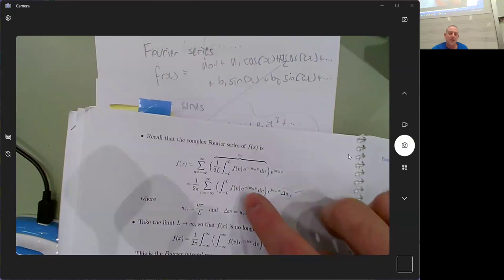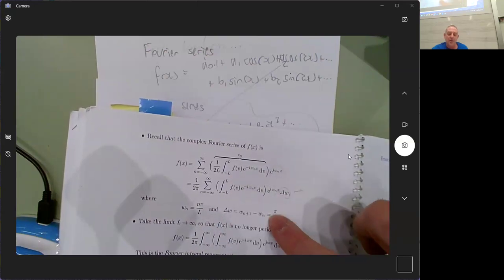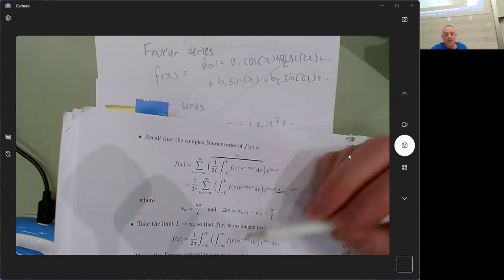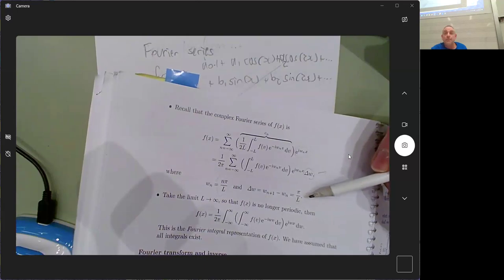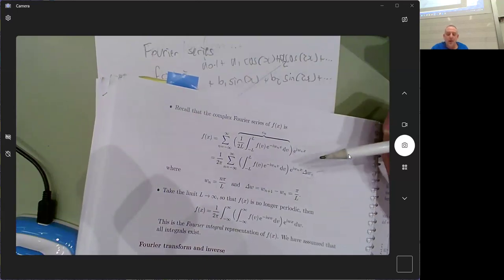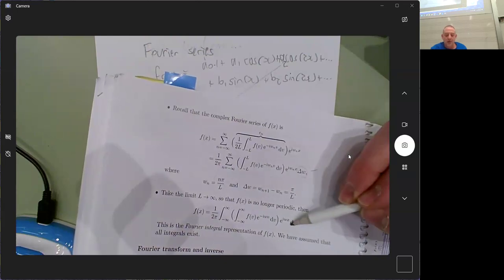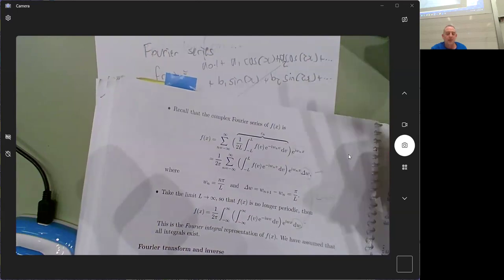So just a second. They've gone, L's gone to infinity, so this has gone to infinity, but then this has gone to 0. If L goes to infinity, then these L's definitely become infinities, but this pi on L becomes pi divided by infinity, which is technically 0, but we're not going to do that. We're going to turn this delta W into a dW. That happened when L went to infinity.